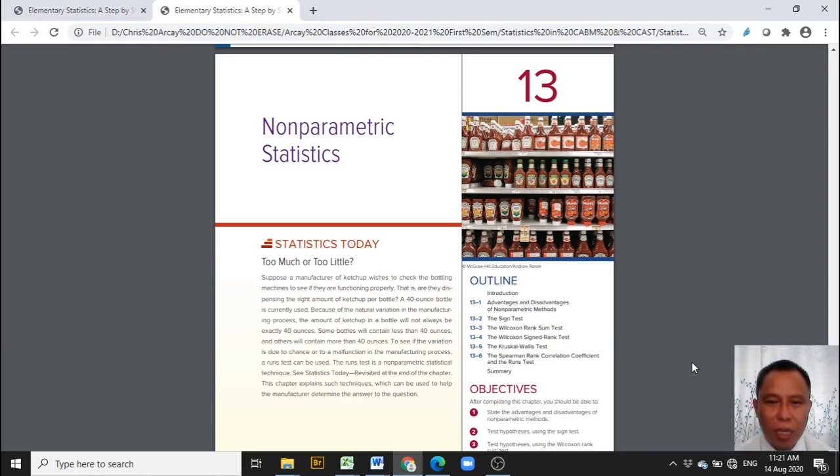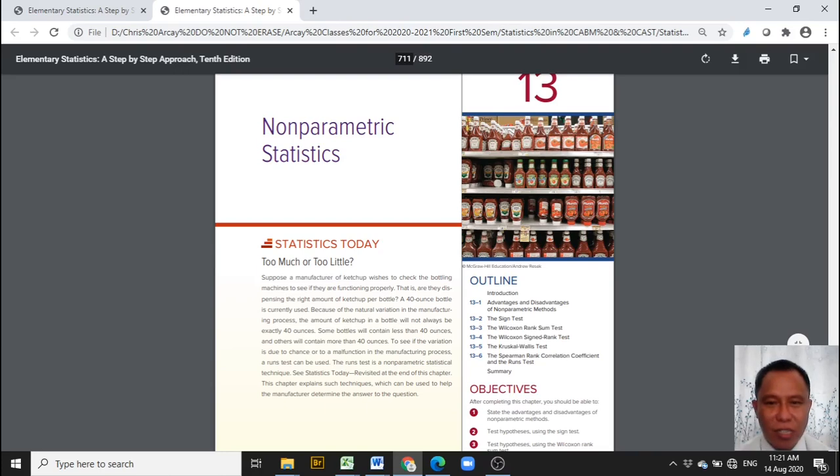In our previous meetings, we discussed parametric tests in hypothesis testing. Afterwards, you were given an introduction to the non-parametric tests, which are the counterparts of the parametric tests in hypothesis testing.